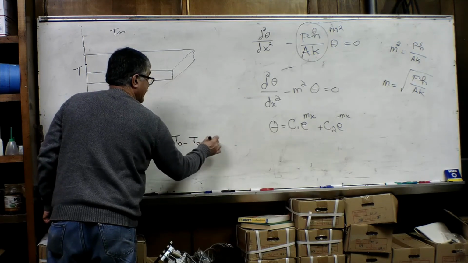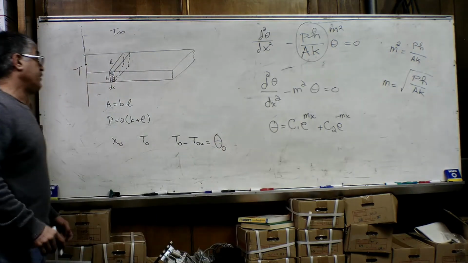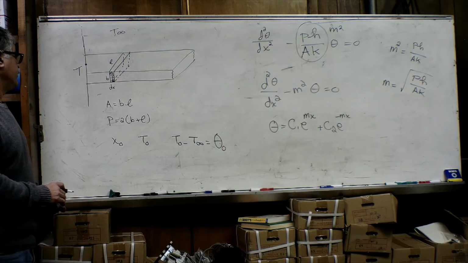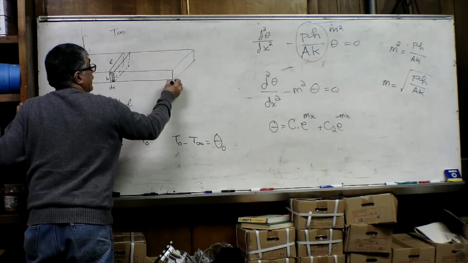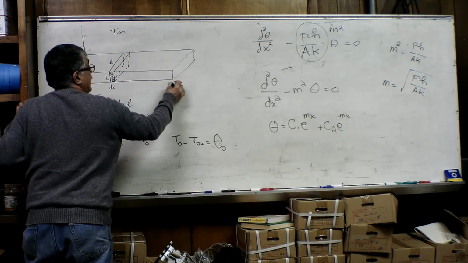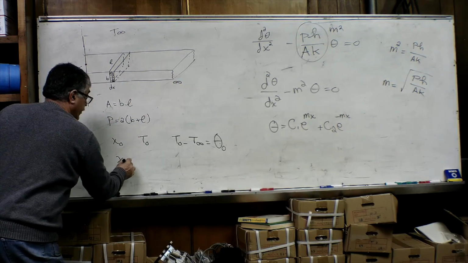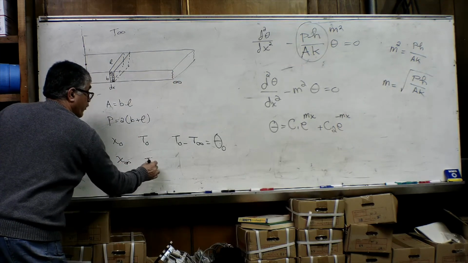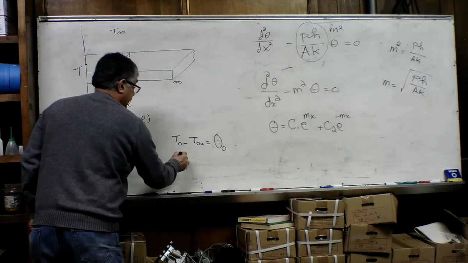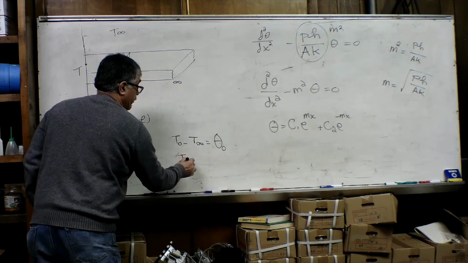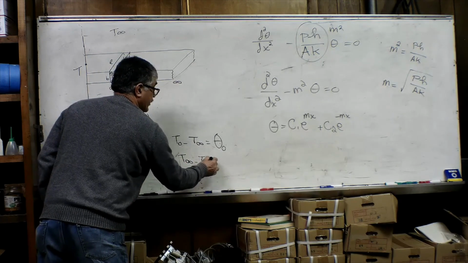So let's call that our initial change of temperature, theta 0. Now as our x reaches infinity, our temperature will be the temperature of the surrounding air, and our change in temperature will be T infinity minus T infinity, which is equal to 0.